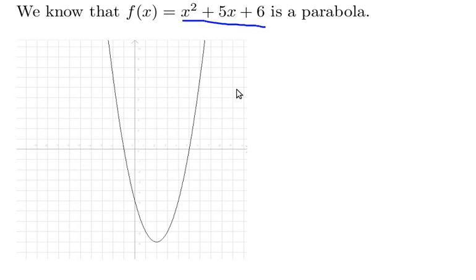I don't need to actually graph this specific parabola to solve this. If I wanted to actually graph the parabola to solve this, I can do that. I just don't really need to. And the reason why is because this is a parabola opening up, and this is a parabola opening up.